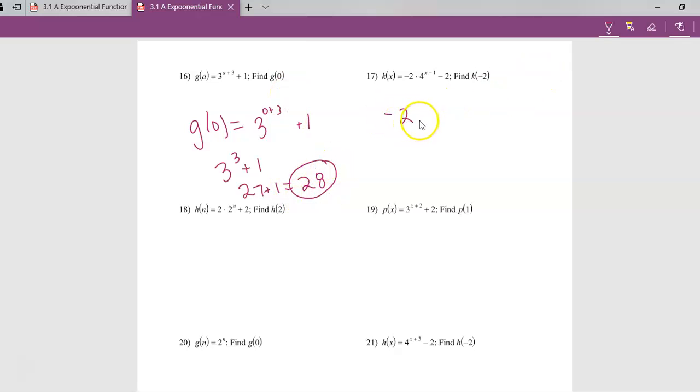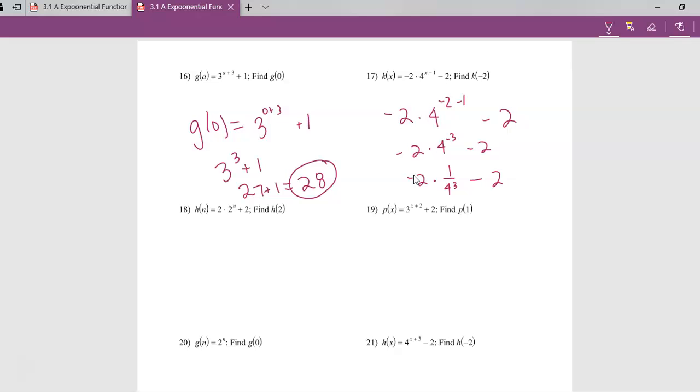Okay, here I have a negative 2 times 4. I'm plugging in negative 2 where x is. So negative 2 minus 1 power minus 2. Simplify your exponent first. So negative 2 times 4 to the negative 3rd minus 2. So negative 2 times 1 over 4 to the 3rd. Remember that negative exponent tells me to flip it. And then I've got to do this multiplication here first. I'm just grabbing my calculator.